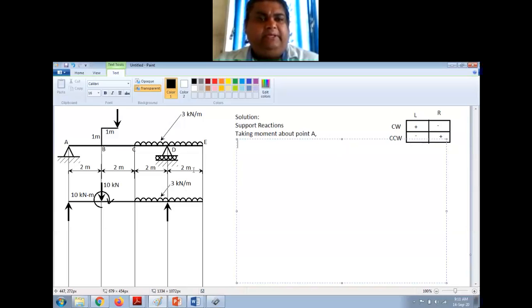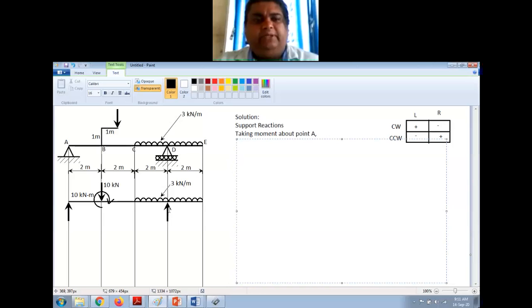Now let us take the moments about point A. I'll start from this edge. Here I do not have any point load. So I'll come to the next point, that is B. This is a vertical upward force, I have the reaction here.